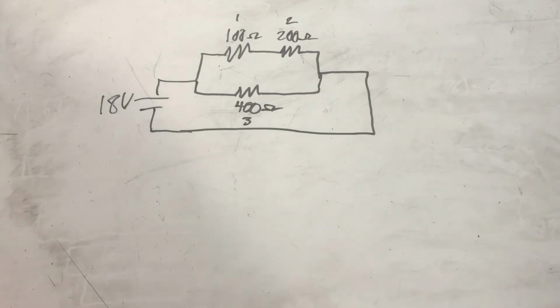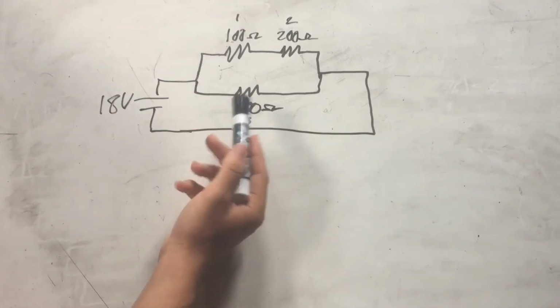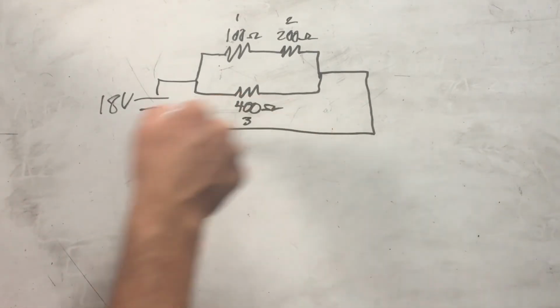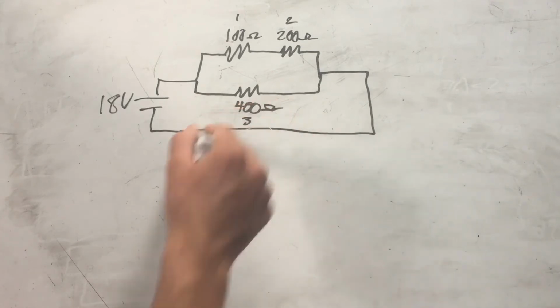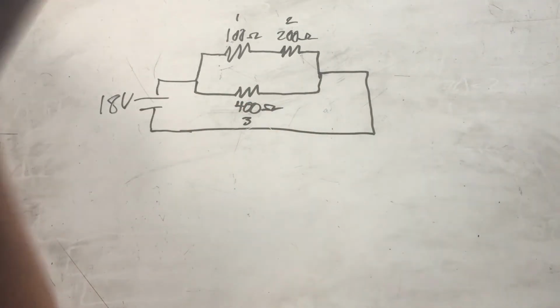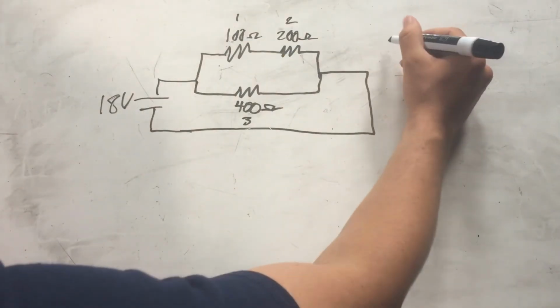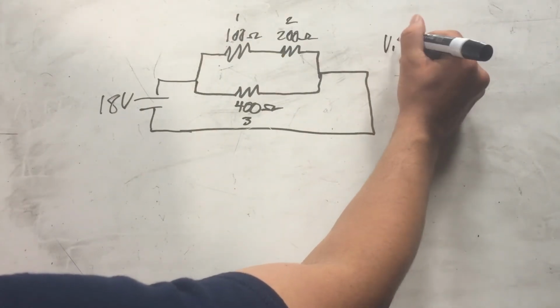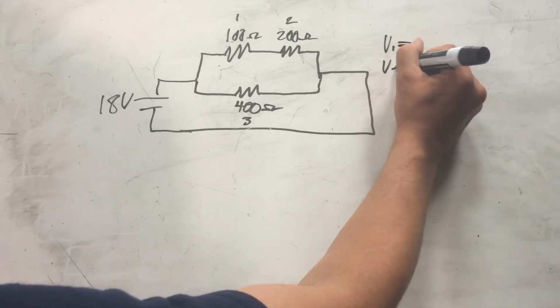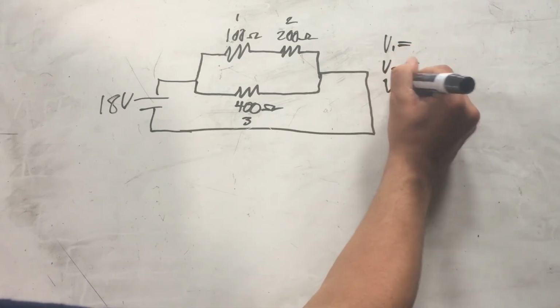Unfortunately, due to time constraints, we can't do too much more problem solving, but we're going to do one simple example of everything that we've learned, bringing everything together with this simple circuit. So we're going to be trying to find the voltage drops across resistor 1, resistor 2, and resistor 3 here.